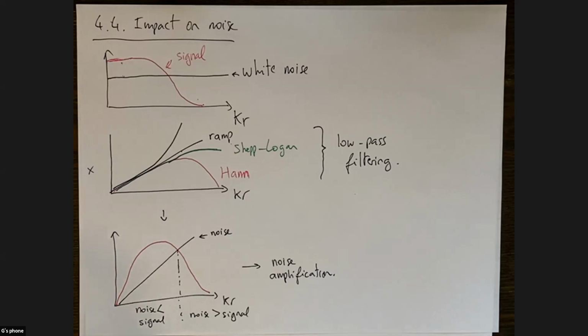You would be seeing artifacts that are not really present in the original distribution. So the goal of reconstruction is to get back to the actual distribution of the tracer, and we're not trying to improve it. We're just trying to show it the way it is.